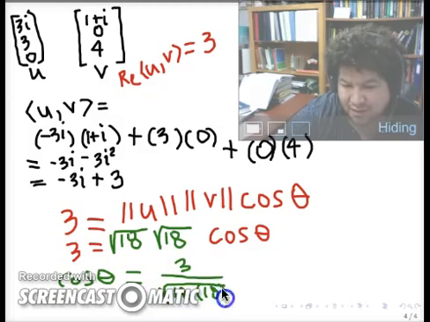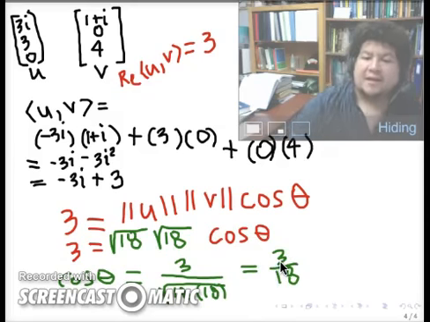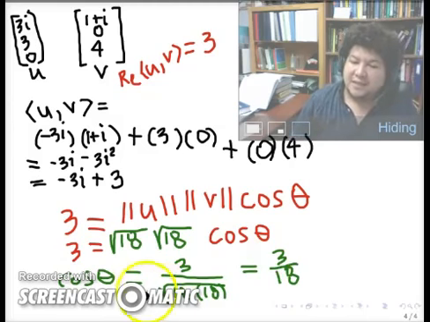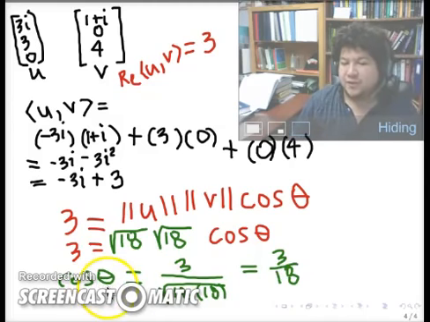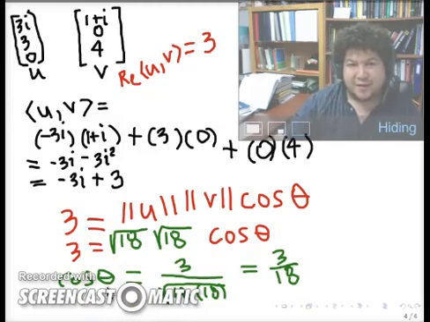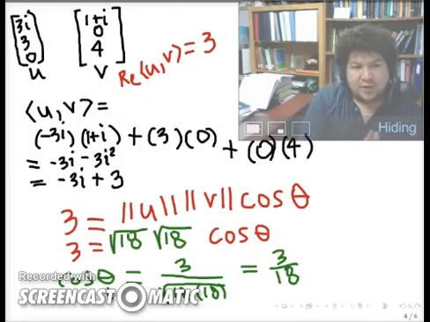That would be 18 squared, so this gives you 3 over 18. We find this number, and we can easily use the cosine inverse function to solve for theta. And this is how you apply the formula that involves the inner product between two vectors with complex entries and the angle between those vectors. Thank you.